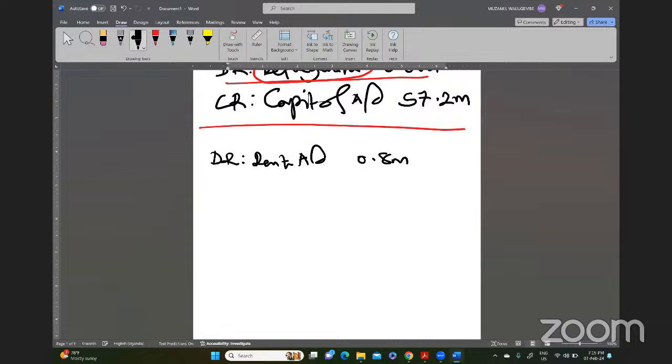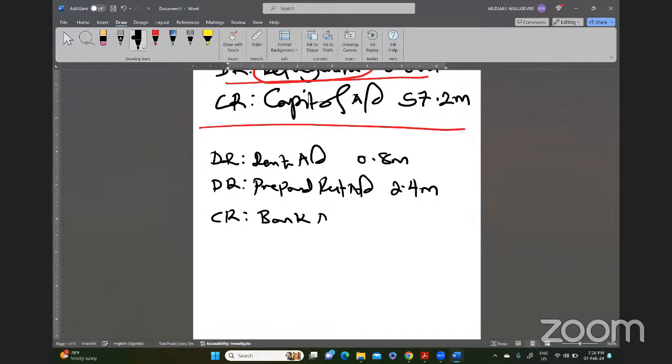And then we are going to debit our prepaid rent account with 2.4. And then what are we going to credit? We credit bank. We used money in the bank, so our asset is reducing. So we credit bank with 3.2.